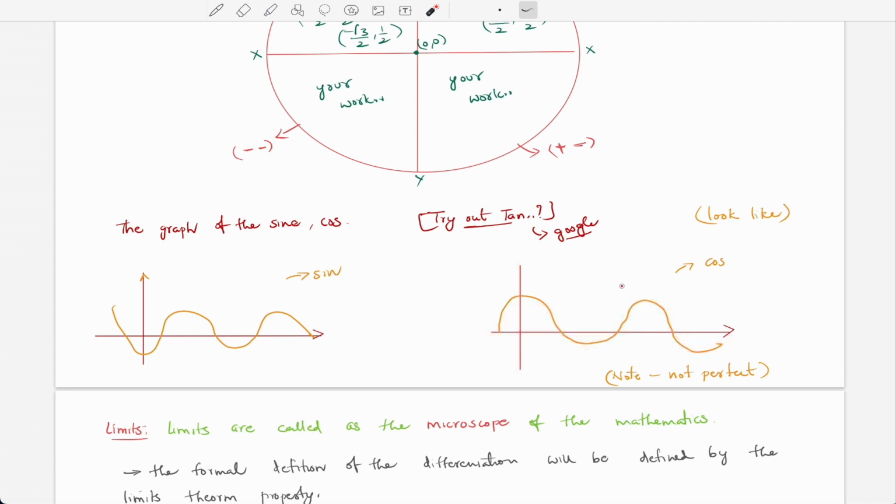These are not perfect, right? But it's similar to this kind of stuff. Okay, so I wanted you to try out the tan, or just Google it, and you're going to get it. It's good to know how the graphs are, and how these lines are passing through the horizon.